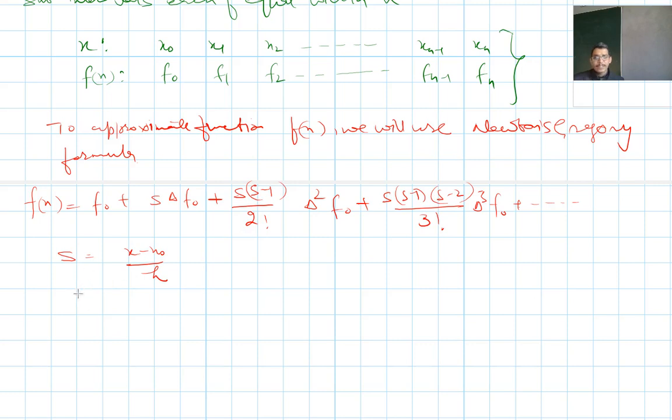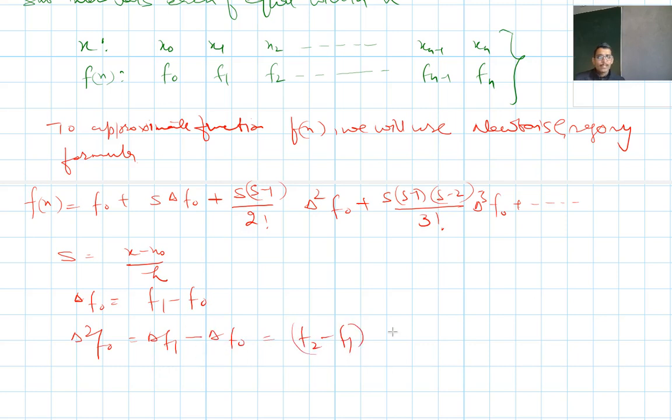And this delta f naught is equal to f1 minus f naught, and delta square f naught is equal to delta f1 minus delta f naught, and delta f1 can be approximated as f2 minus f1.